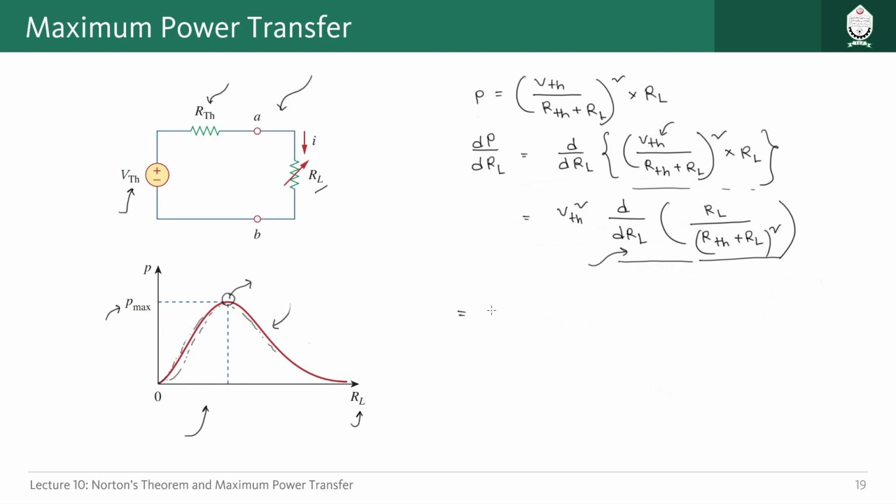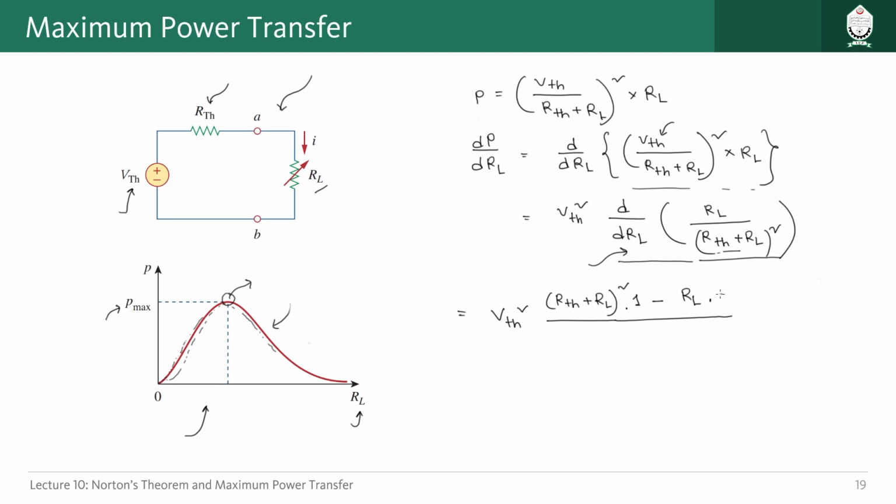So that should be VTH, and at the numerator we will have V, which is (RTH plus RL) square, times the derivative of U, which is 1, minus U, that means RL, multiplied with the derivative of V, so the bottom one.